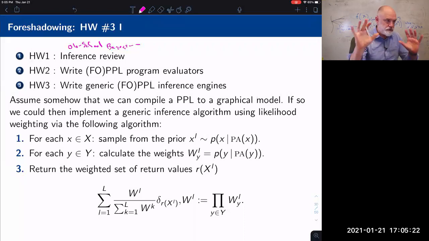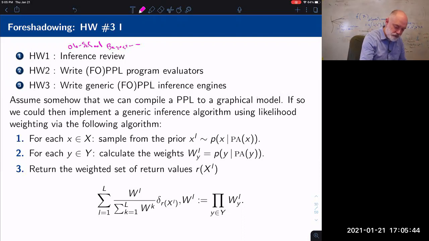So you'll get a structure that you can work with, and you're going to figure out how to evaluate programs in different ways. You're going to write interpreters, which is fun. Then homework 3 is writing generic inference algorithms that you can use to run and perform any inference task you want written in the FOPL. And we're going to write a number of these.